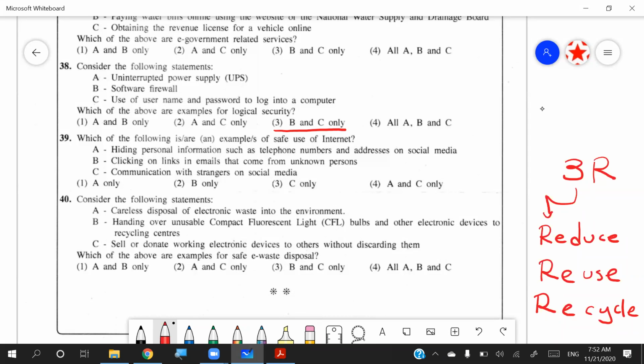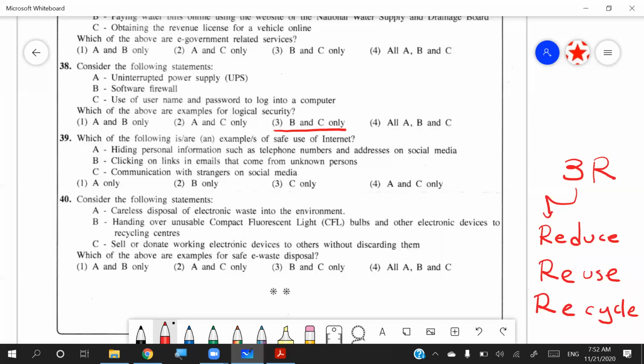So one thing you can do is reduce the things that you are using. Reducing means if you got a problem with your phone, you can make it correct instead of buying a new one, right? So you are reducing the devices that you use, and indirectly it will reduce the electronic waste to the environment.